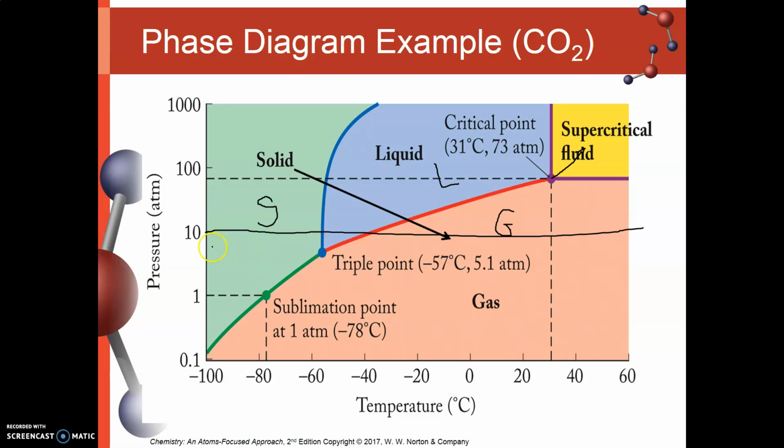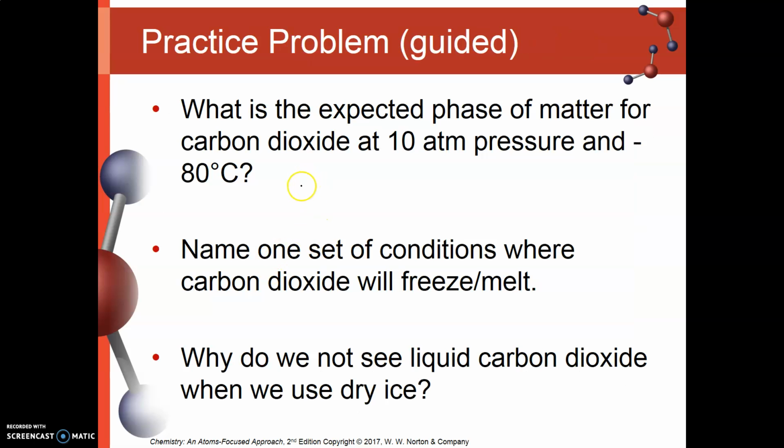If I draw a line at 10 atmospheres, and another line at negative 80 degrees Celsius, I can see that those two conditions cross in the solid region. And so the expected phase of matter there would be solid.